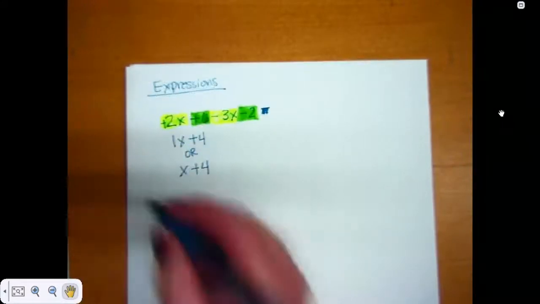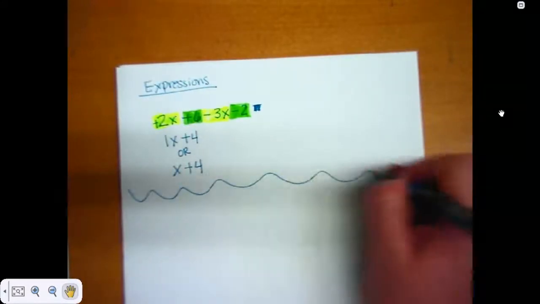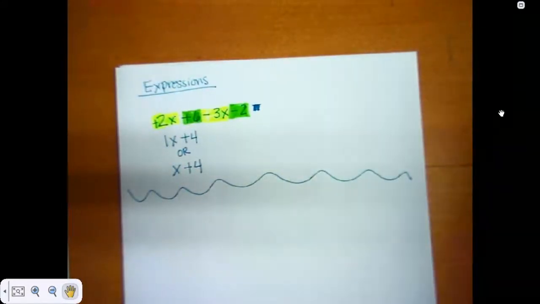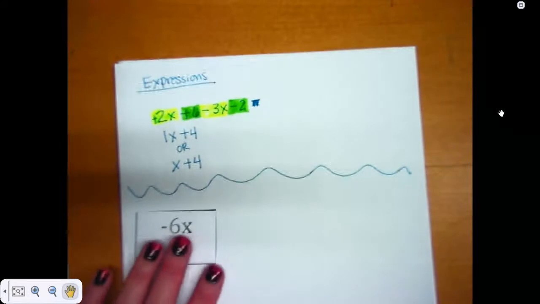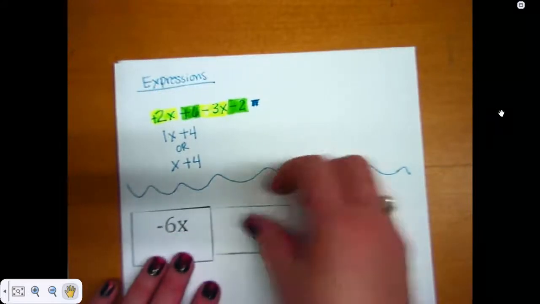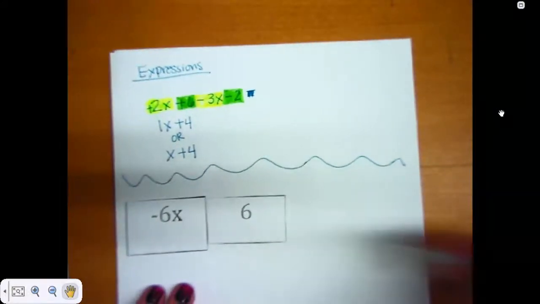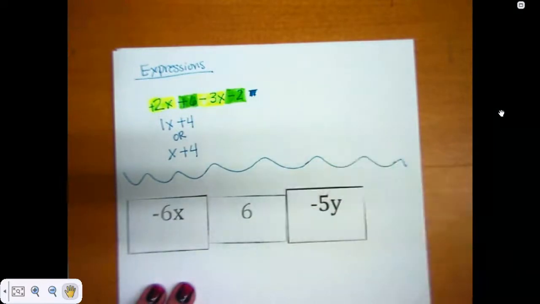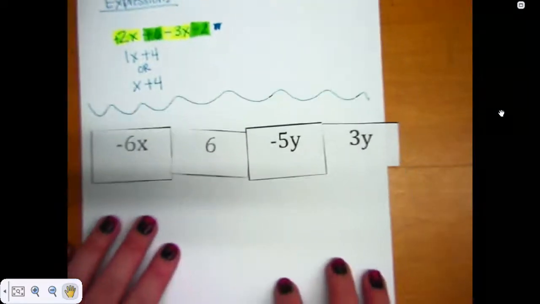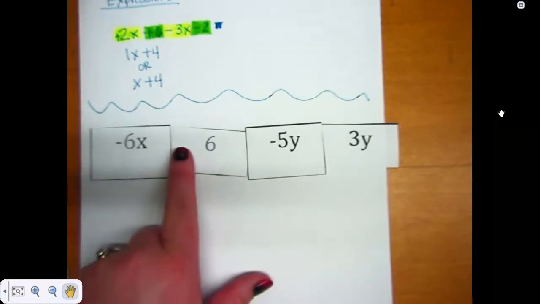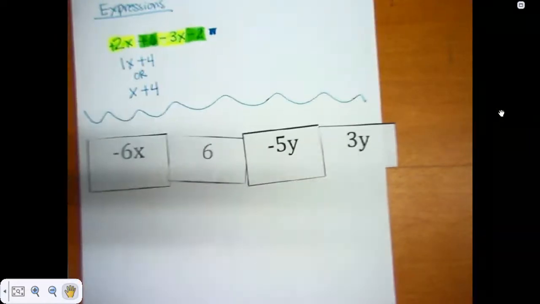Let's try another one. This time, let's say I have negative 6x plus 6 minus 5y plus 3y. Now, how did I know that this was plus 6 and plus 3y?